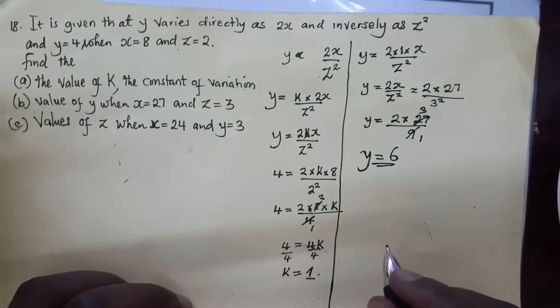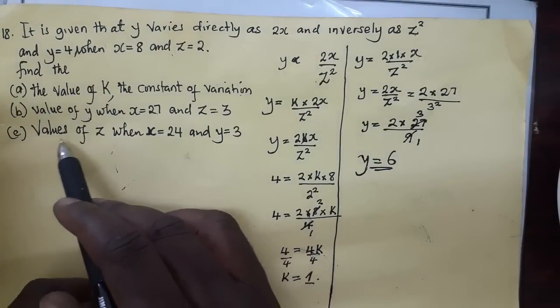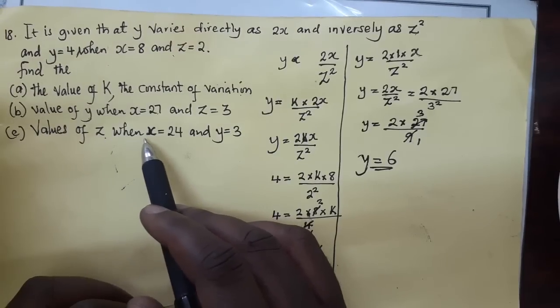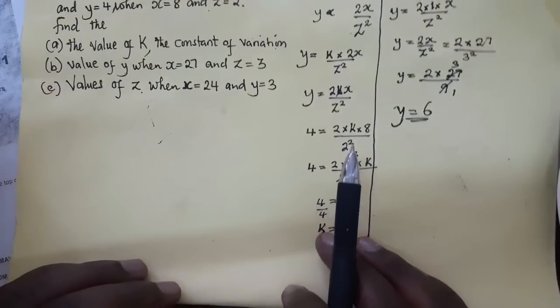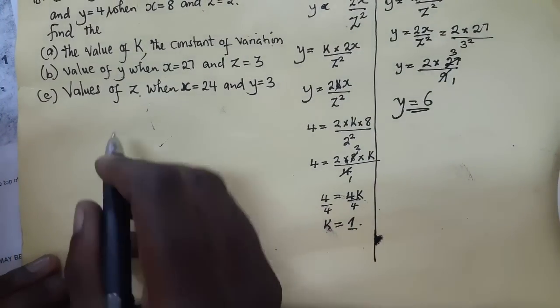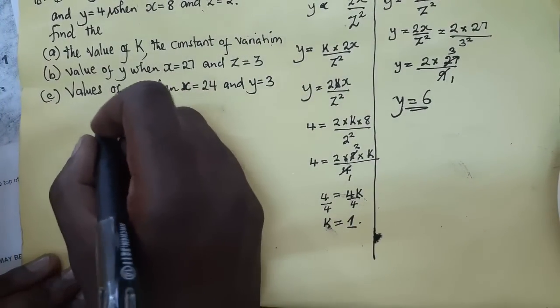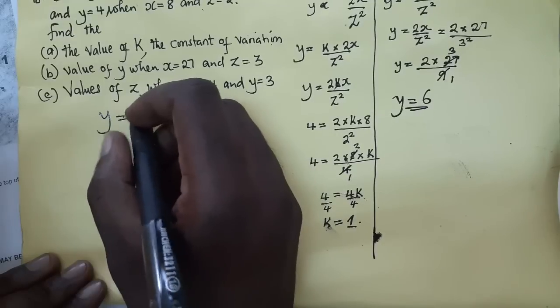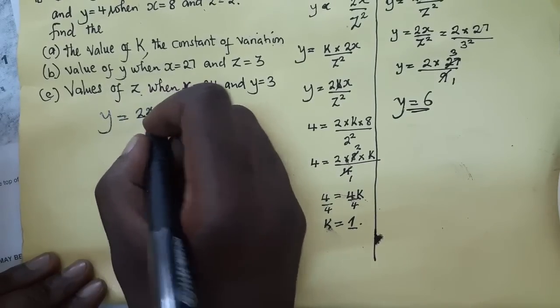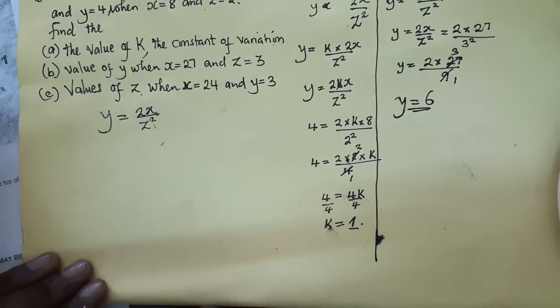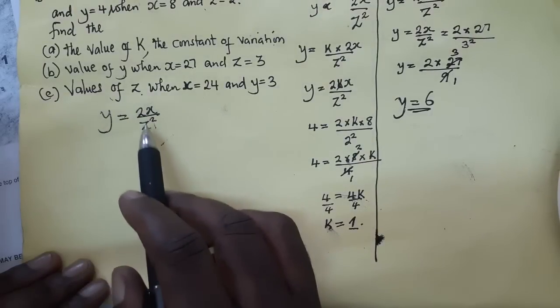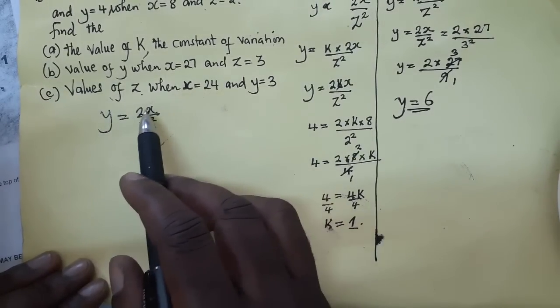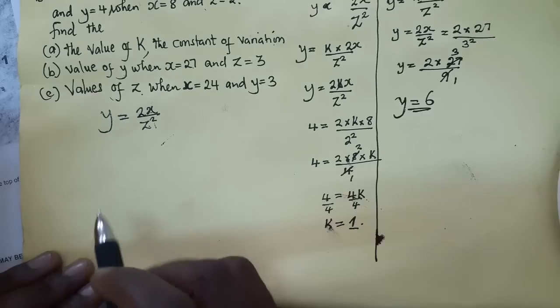Then the last one is find the values of z when x is equals to, remember we are using this same equation, 2x over z squared. All right, so we want to find the values of z when x is equals to 24 and y is equals to 3.